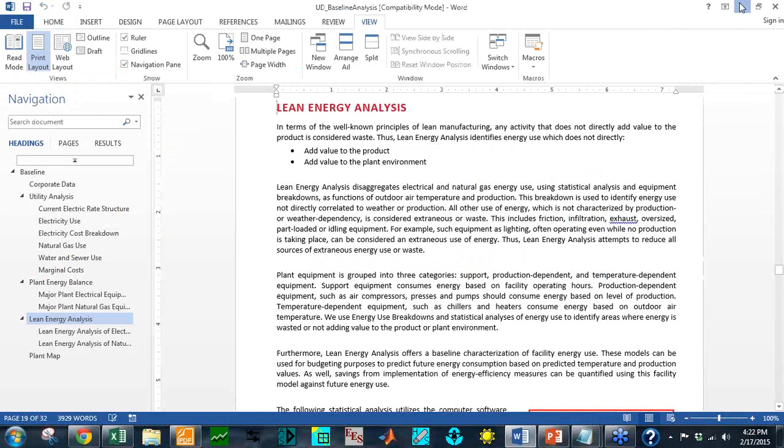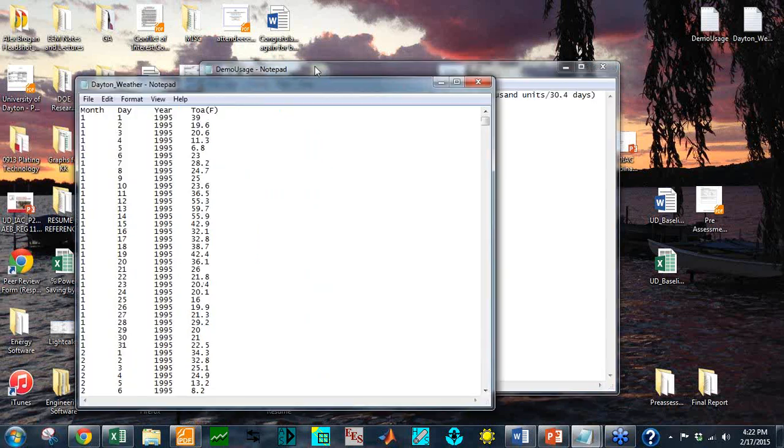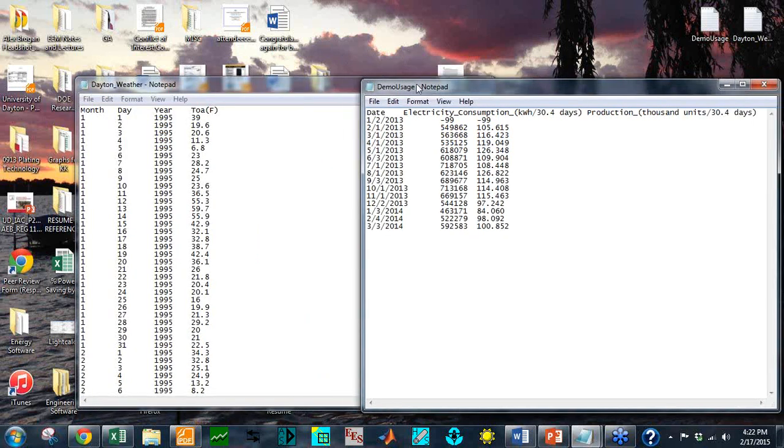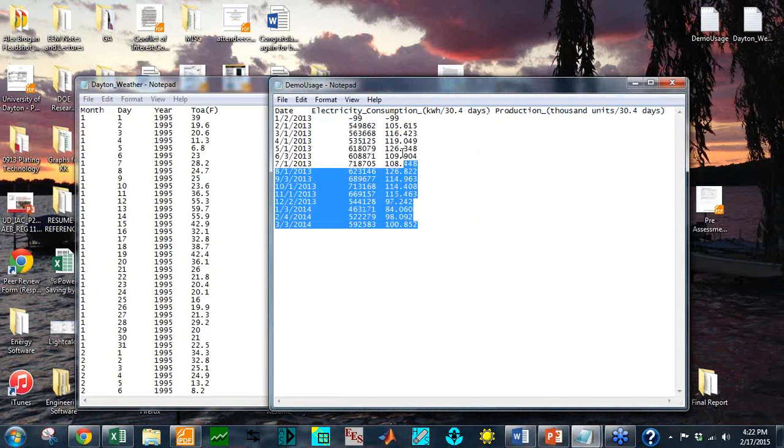Energy Explorer is the software that we use for this statistical analysis. That was also developed by our director, Dr. Kelly Kisk. The data files have to be in a special format in these notepads. So we have the weather usage that we're going to use in Energy Explorer, and we have the electricity consumption and the production in 1,000 units per month.